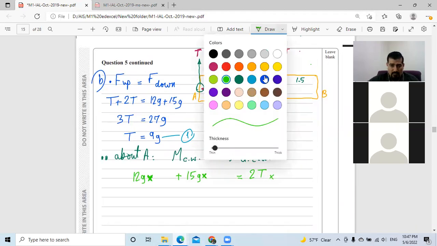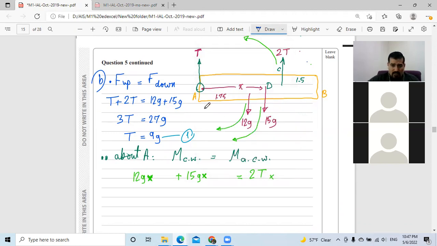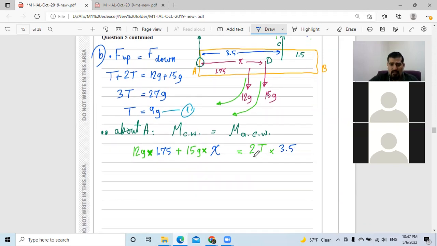Now let's return back. What do we have? 12g multiplied by the distance, which is 1.75, 15g multiplied by its distance, which is x, equals 2 times the tension multiplied by the distance from here to A, which is 3.5. The length is 5 meters minus 1.5 is 3.5. And we've substituted the tension, which is 9g. So 2 times 3.5 is 7 multiplied by 9g.